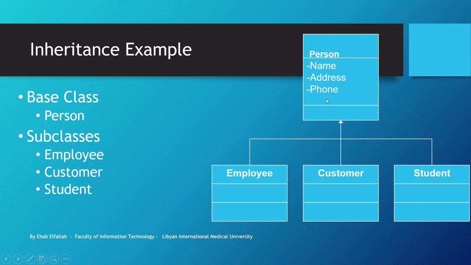So here the employee will inherit from the person class, and the customer also inherits from the person class, and the student also inherits from the person class. Here we can extend their work by adding new features or new methods. For the employee, we have employee number, the basic salary and other information that interests the employee.